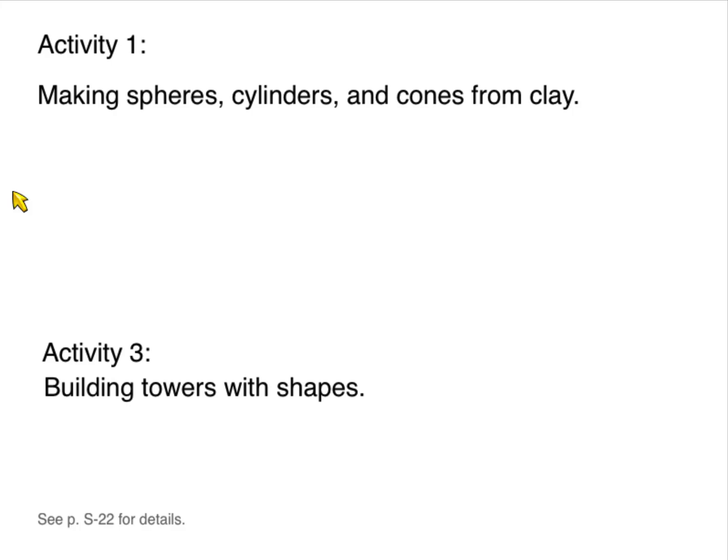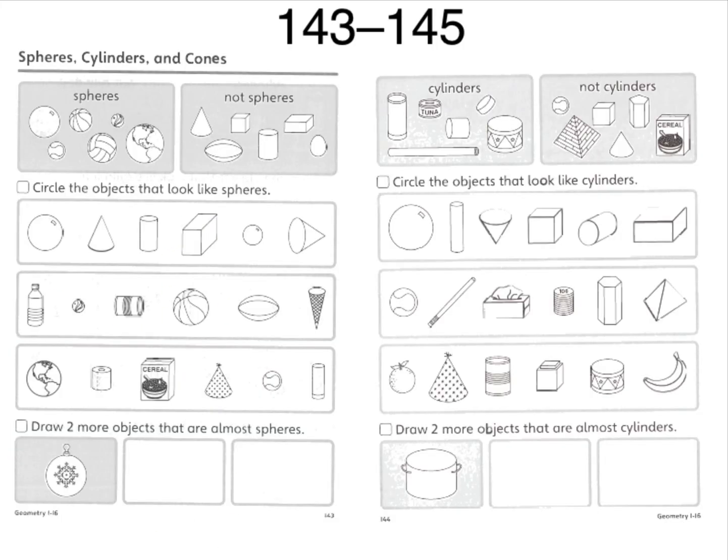So if you have Play-Doh at home, I think it's a really great activity for you to make spheres, cylinders, and cones. If you have blocks at home, really great activity to use rectangular prisms and cubes and cones and cylinders to make towers. But you have 3 pages. First page, spheres. Circle the objects that look like spheres, and I would like you to X out the ones that don't.